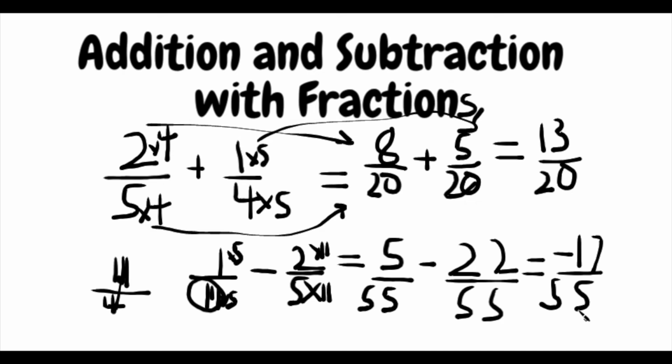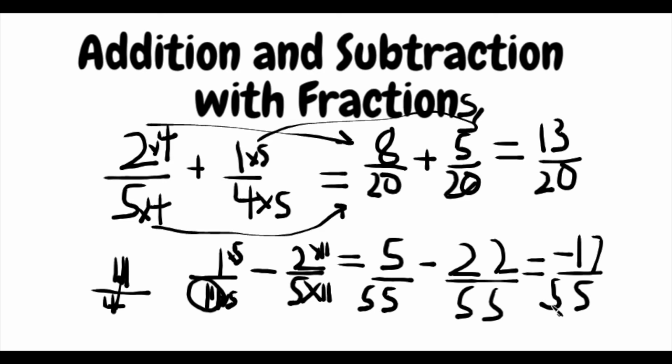Okay, but the point is that you keep the denominators the same, and you just subtract the numerators. In this case, 5 minus 22 is negative 17, and we keep the denominators the same. So hopefully this helps, but the key is you want to look at the denominators and make them common denominators.